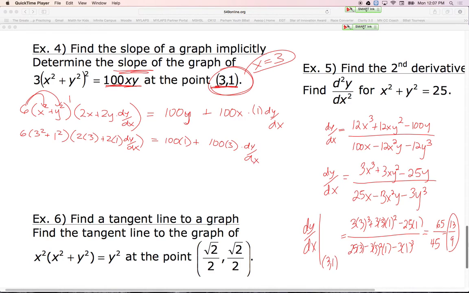Now watch. I'm going to do this last stuff a lot of it in my head. Here we go. 3 squared? 9 plus 1? 10 times 6? So we got 60 there. Times (6 plus 2 dy/dx). Equals 100 plus 300 dy/dx.